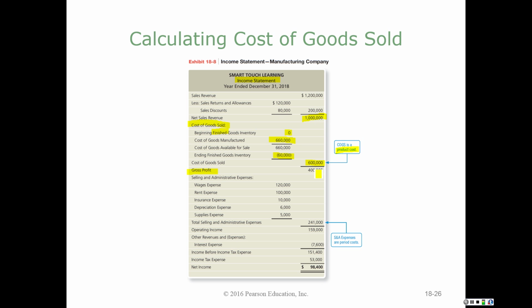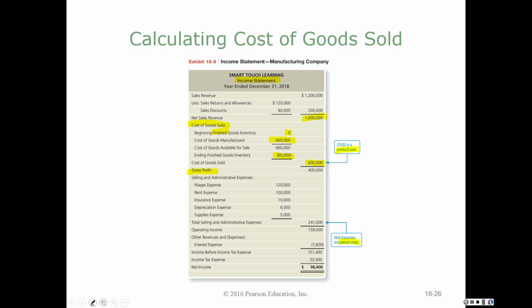And if we drop down beneath that, we can see an additional example of those period costs that we talked about. I have gross profit of $400,000, but there are other expenses that are related to the office. We can see wage expense, rent, insurance, depreciation on office equipment, not manufacturing equipment, supplies that are used in the office.